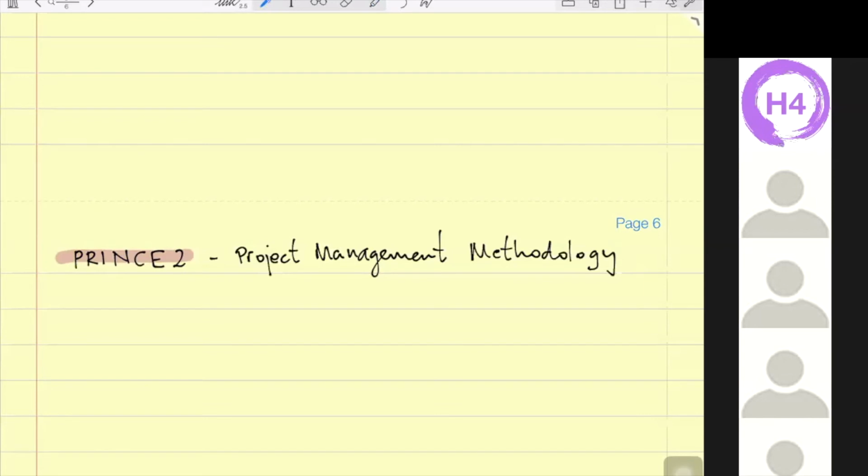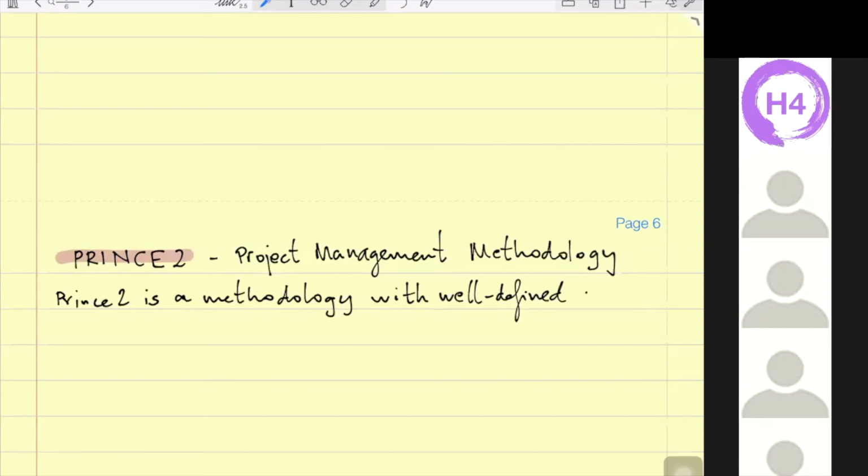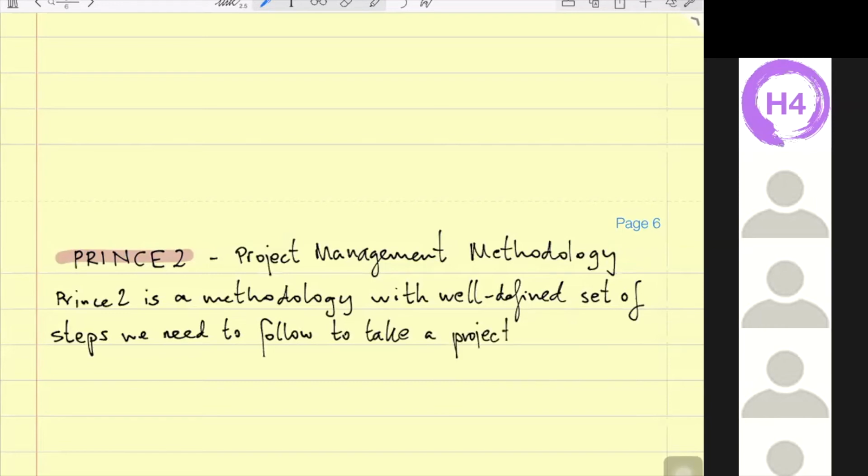Prince 2 is a methodology with a well-defined set of steps that we need to follow to take a project from its inception to closure.